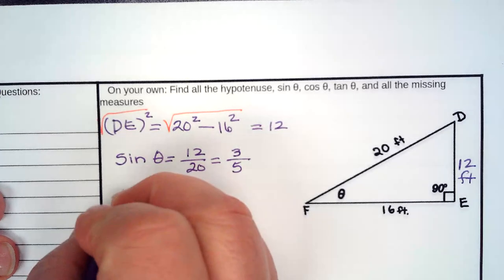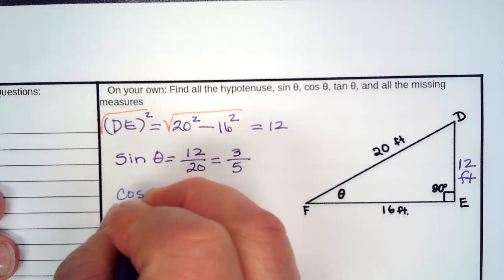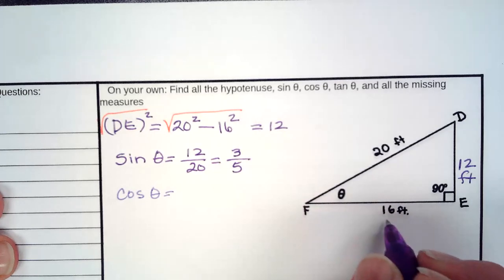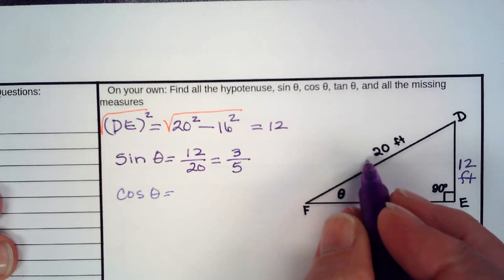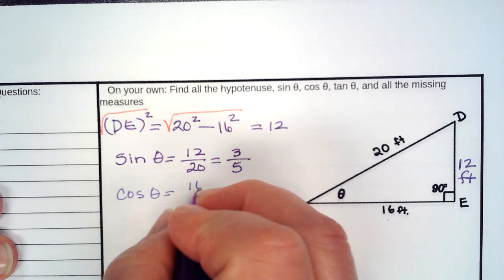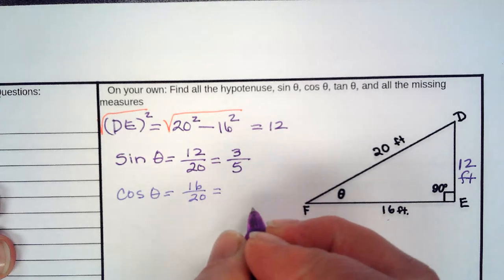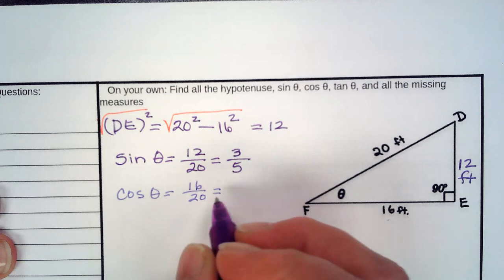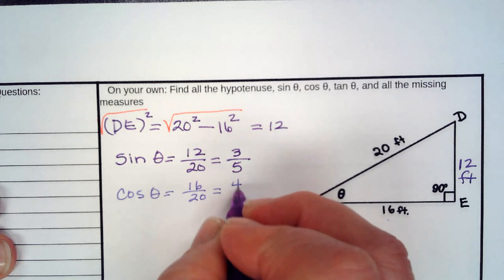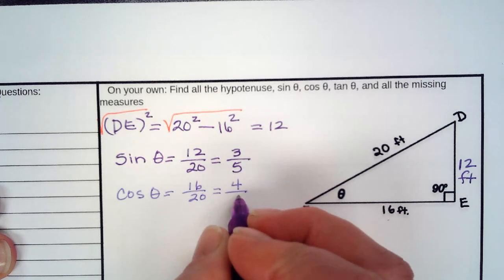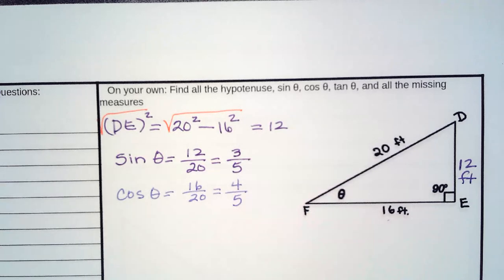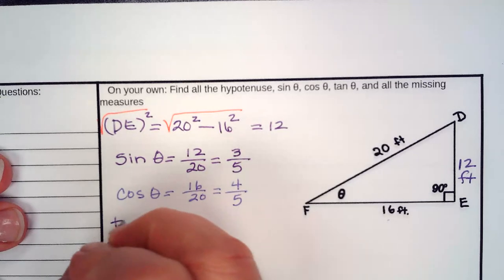Cosine of theta. Adjacent is 16. Hypotenuse is 20. This time they both have a factor of 4 again. 16 divided by 4 is 4. 20 divided by 4 is 5. And finally, the tangent, which is the opposite over adjacent.